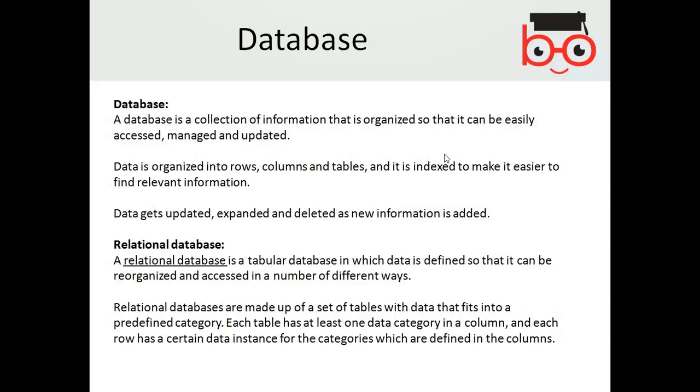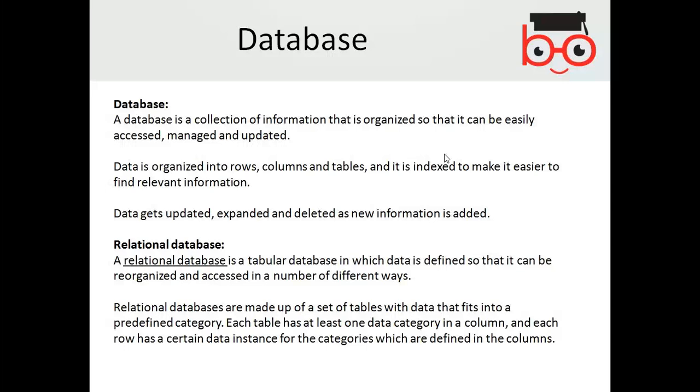So if you wanted to access a particular chapter, you can quickly go to the particular page to access the particular information very quickly. So indexing is called that mechanism. In the database, data gets updated, expanded, deleted, and new information can also be added.